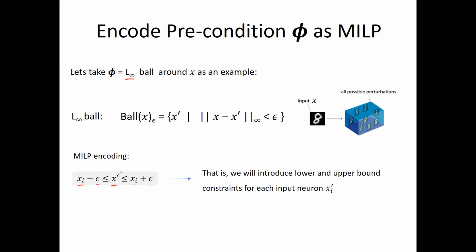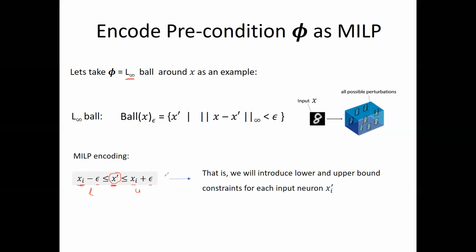So maybe we should have just put x prime 50 here just to make it even more clear, or x prime i. So the value that this can take is xi minus epsilon, the left side, the L, and then xi plus epsilon for the U. So you just generate a bunch of these lower and upper bound constraints for every pixel on the left and right hand side of the interval.